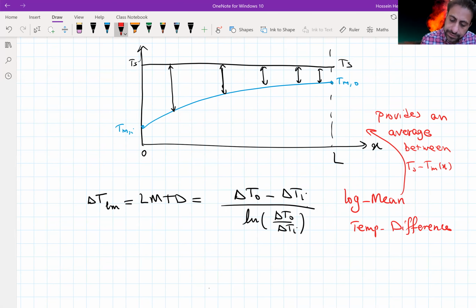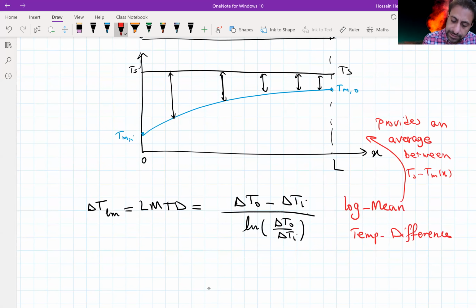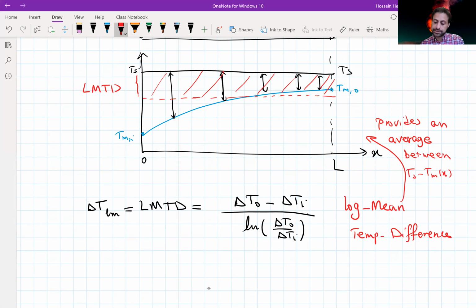So in fact, what we are doing here is, instead of having all these changes, we are replacing that for the sake of evaluation of the overall heat transfer. And we are getting this LMTD as an average temperature difference that happens along the length of the pipe.